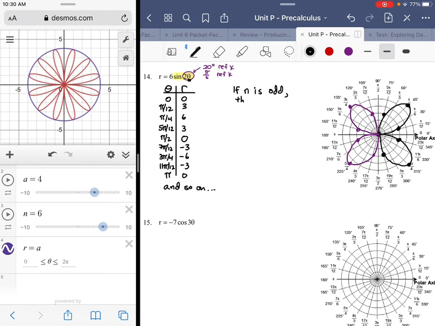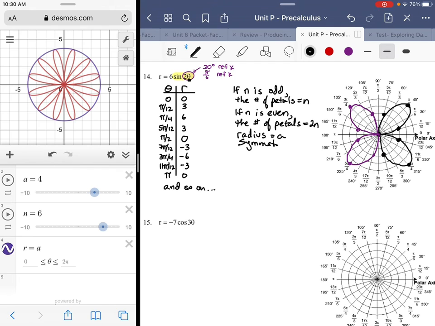So if n is odd, the number of petals is equal to n. If n is even, the number of petals is 2n.